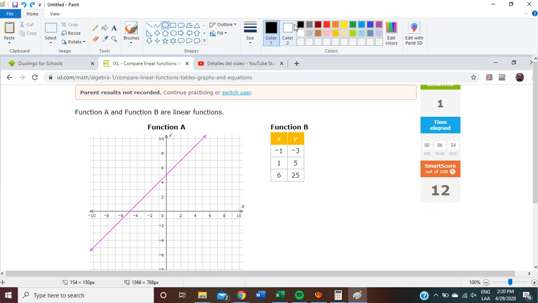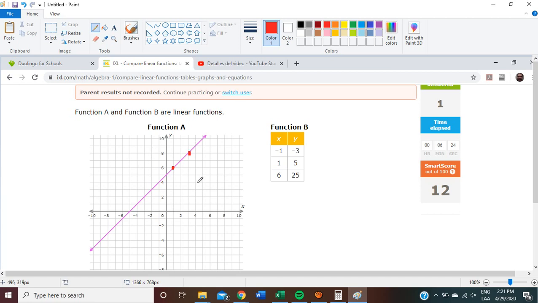It's easier to use positive numbers. Okay, so I want to use, let's say, this point here and this point here. Okay, these 2 points. Remember, this is what we learned to do. If you don't remember really well, you can go back to the previous video.